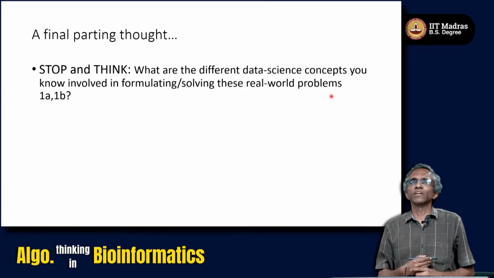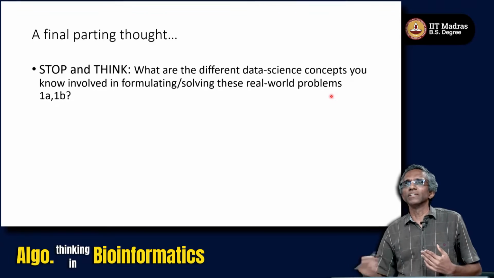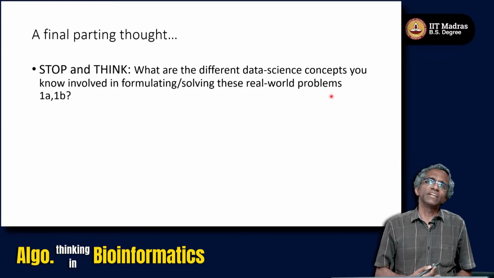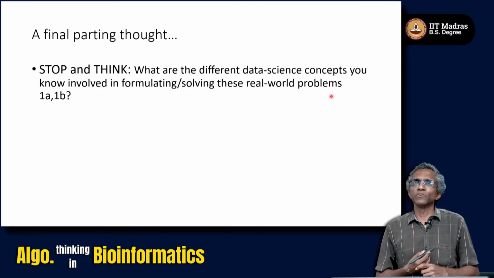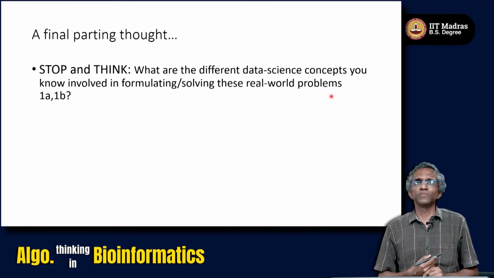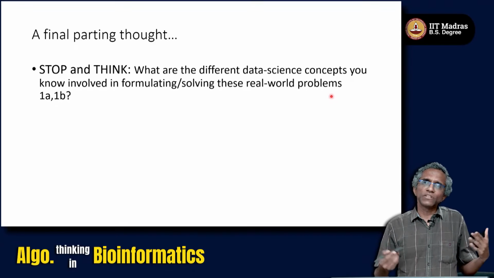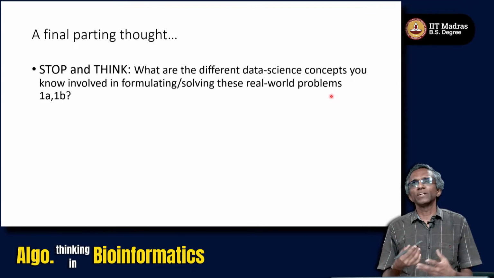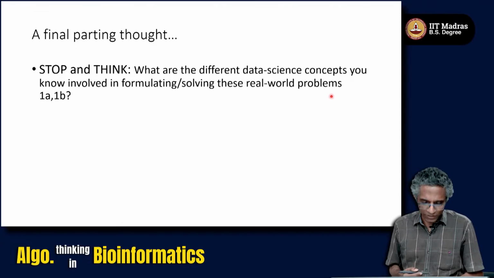In this program you have looked at basic foundations, basic statistics, machine learning, algorithmic thinking. All of that has come together in a very natural way to solve this problem. You have to know what a logistic regression model is, you need to know what a graph algorithm is, and then we resorted to dynamic programming. So, these different concepts are brought together in a very seamless way to solve this particular question.